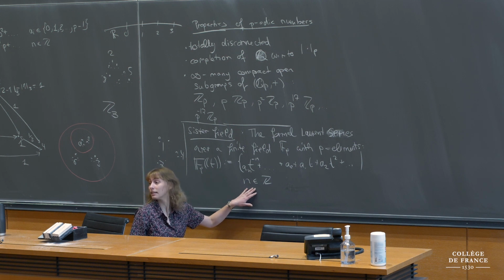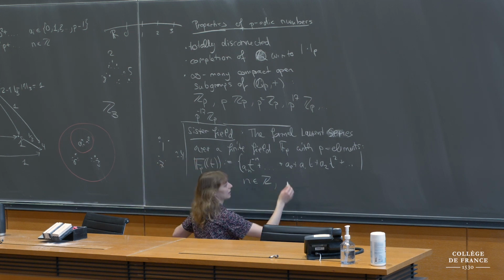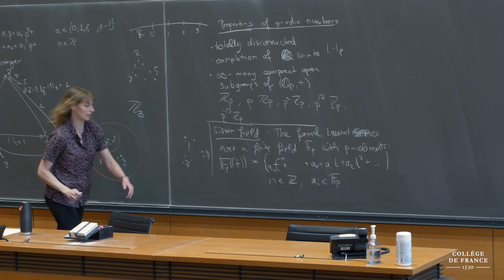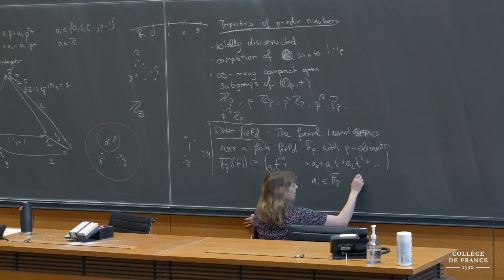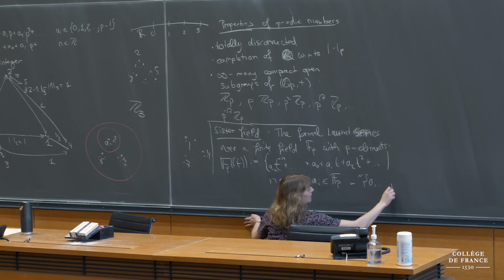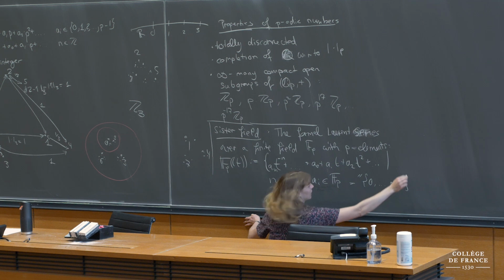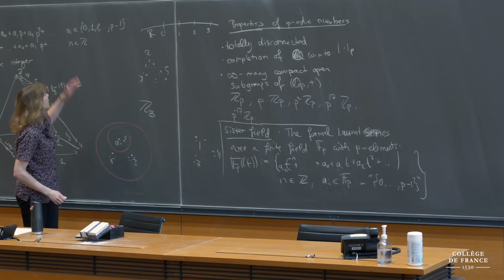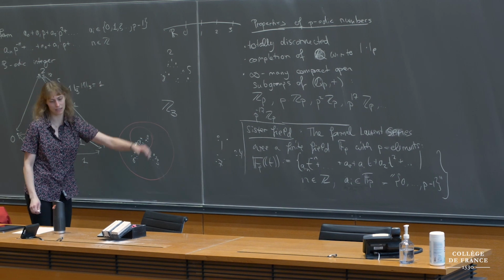And now the coefficients are elements of a finite field with p elements. So that's essentially roughly, again, 0 up to p minus 1, except that's now a field. So they behave very similarly.